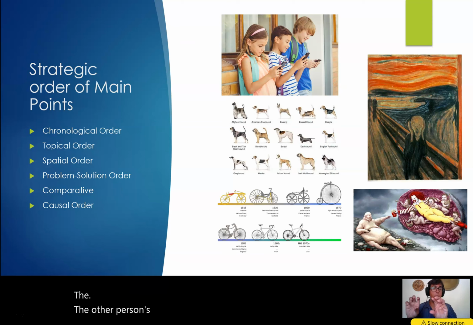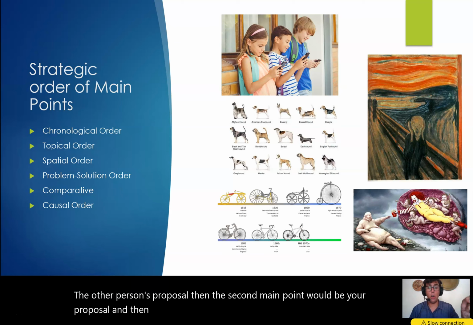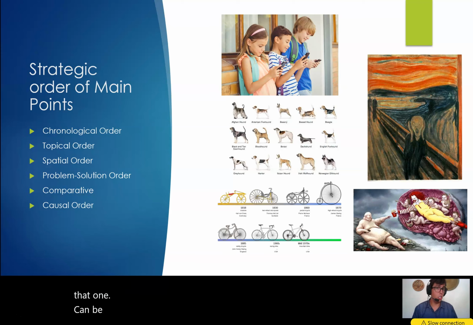Then the second main point would be your proposal, and then why your proposal is better would be the third main point. That one can be used and can be effective in certain situations, but it's not one that we're going to be using in this class.